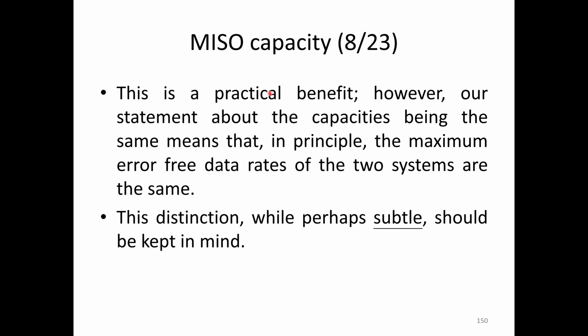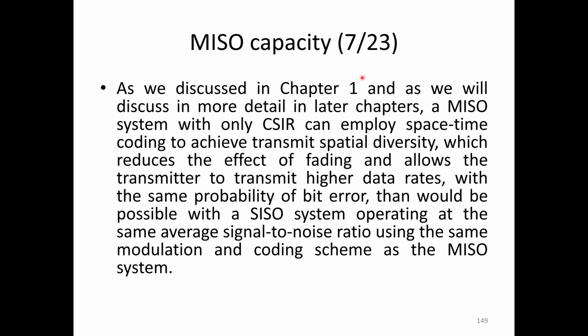So in theory, the capacities of the two systems are the same. However, in practice, we can have some advantage by using space-time coding on a MISO system with CSIR only.